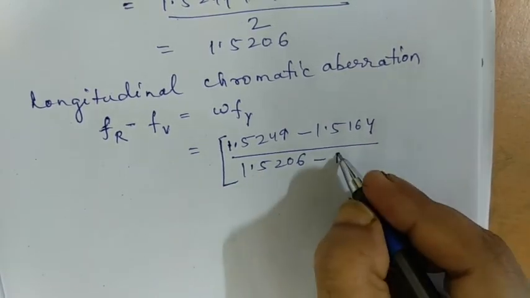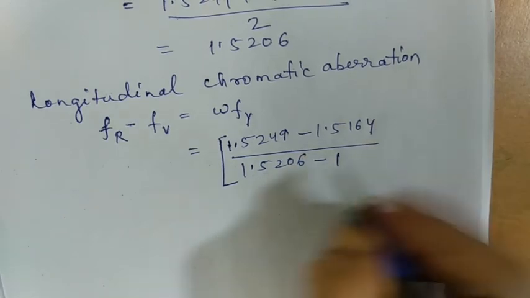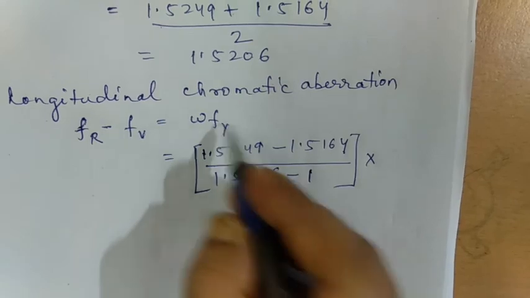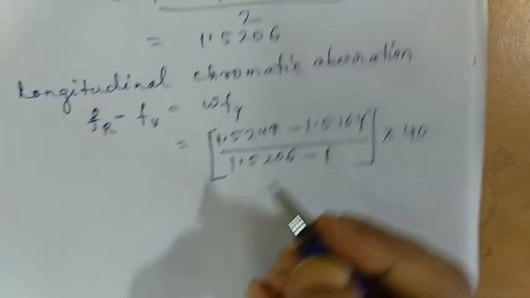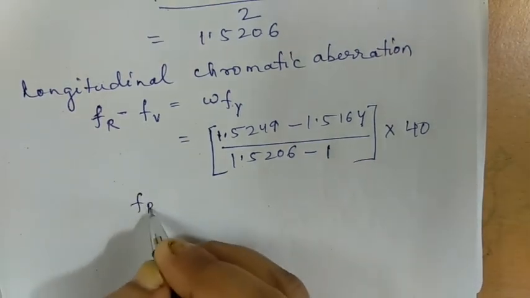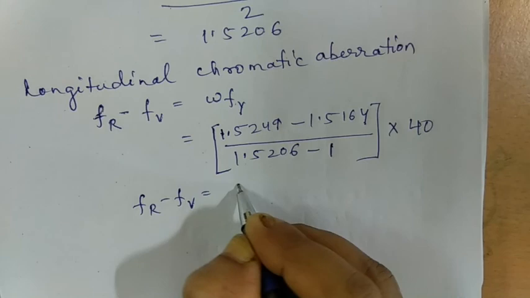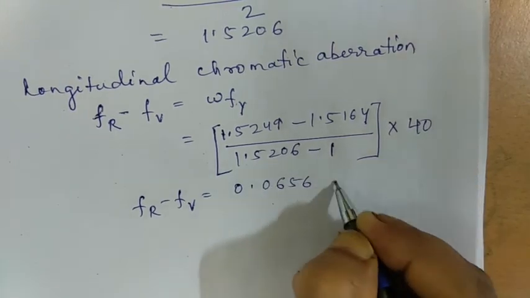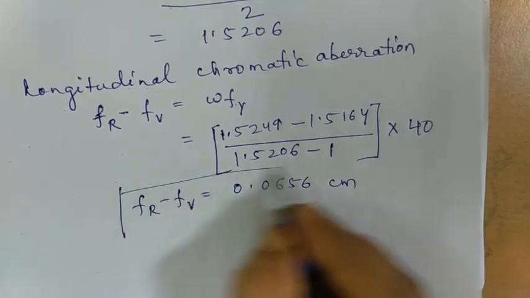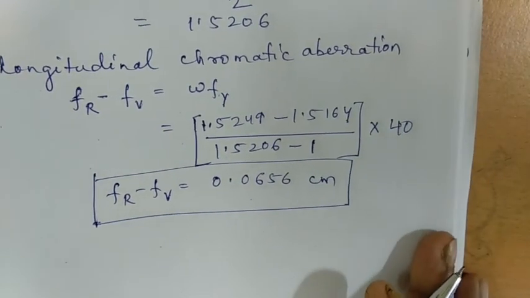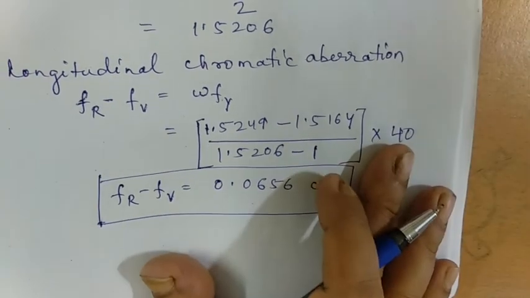This is the refractive index for yellow, which you have calculated, into FY, which is 40 centimeter. When you calculate this, you will get FR minus FV is equal to 0.0656 centimeter. So this is how we calculated the longitudinal chromatic aberration for this problem. Thank you.